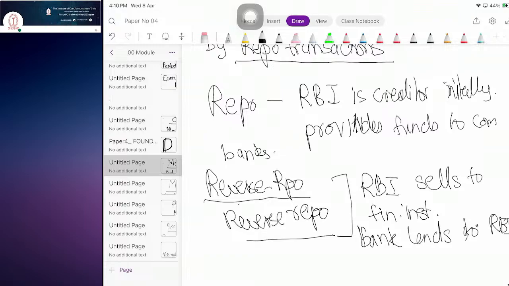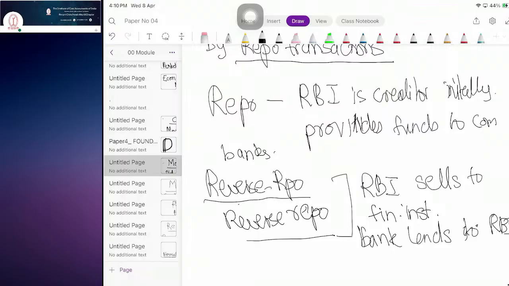Sorry, why D is wrong is that it is saying it's market driven. It's not market driven. Option A is correct because it is a predetermined rate and date. Remember, repo is always with a predetermined rate and date.